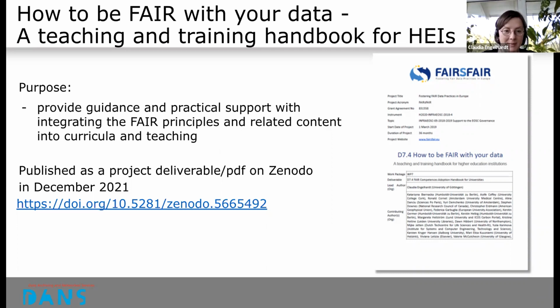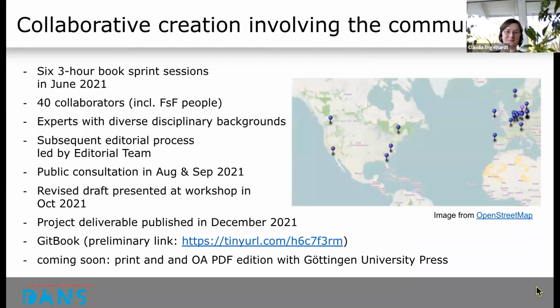It was published as a project deliverable in PDF format on Zenodo in December 2021, and you can retrieve it via this DOI.